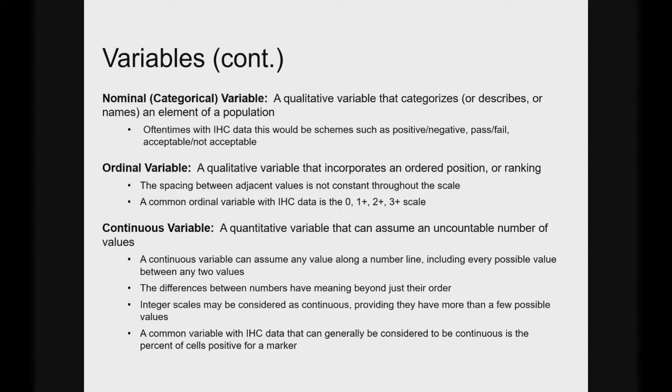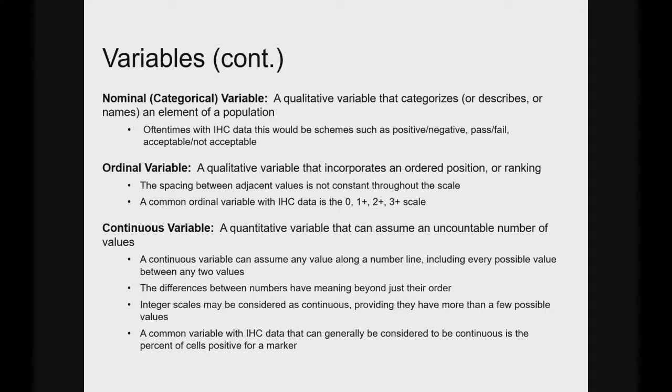But I think an overall commonality that you're going to see are these three here, and I think these will get you 95% of the time. These will help you understand what you have and direct you towards the proper statistical test. And that is nominal, ordinal, and continuous. And so nominal and ordinal are types of qualitative, whereas the continuous is our primary form of quantitative that we're going to see.